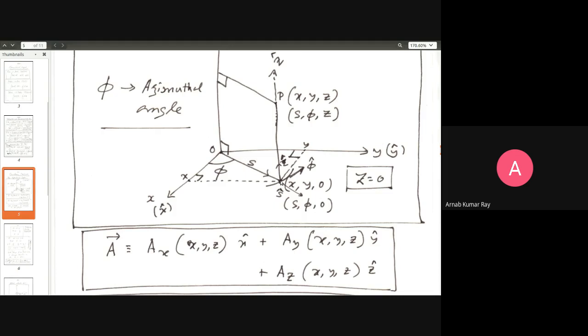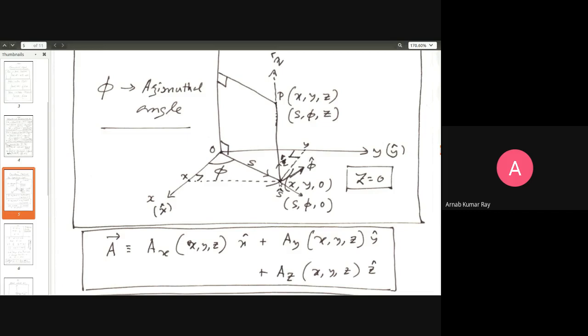So two coordinates must always be specified, whatever coordinate system you are choosing. If it is the xy system, the Cartesian system, your coordinates are x and y. If it is the cylindrical system, your coordinates are s and phi. And of course, z continues to be 0.